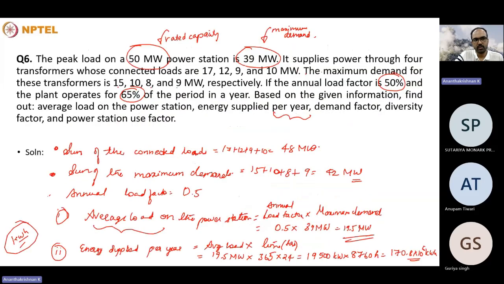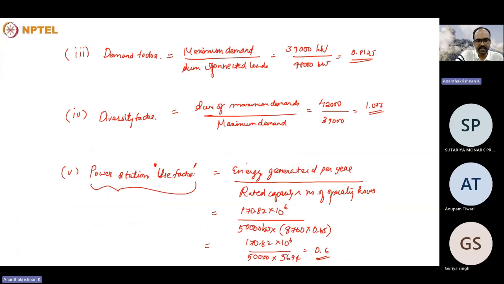That's where the plant operates for 65% time comes into picture. So if that is capable enough of producing this much energy, that will determine the use factor. If the entire amount is used, then the use factor will be 1. If not, you have to determine how much is the use factor. In this case, it's 0.6.